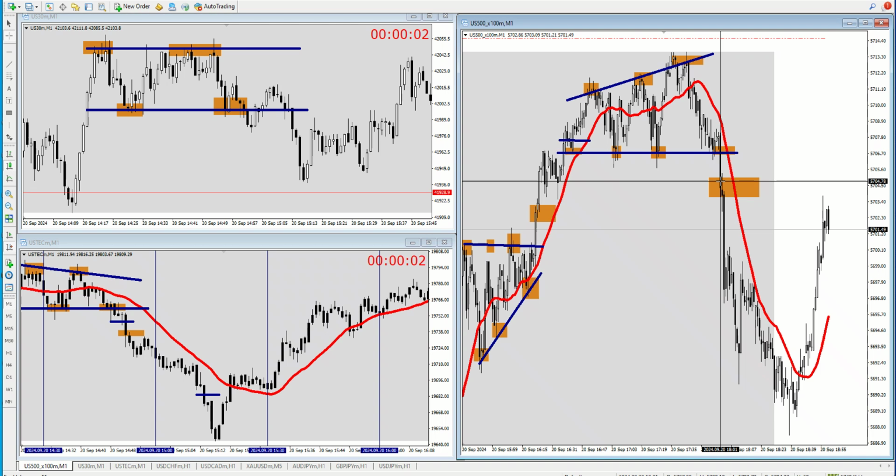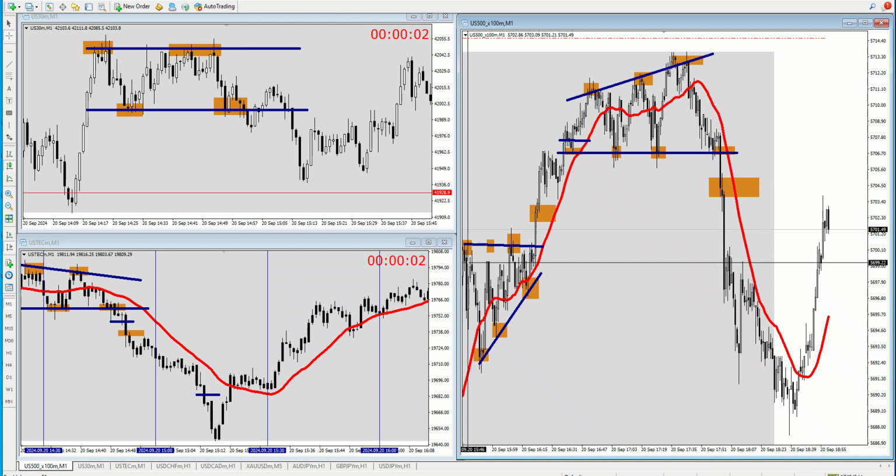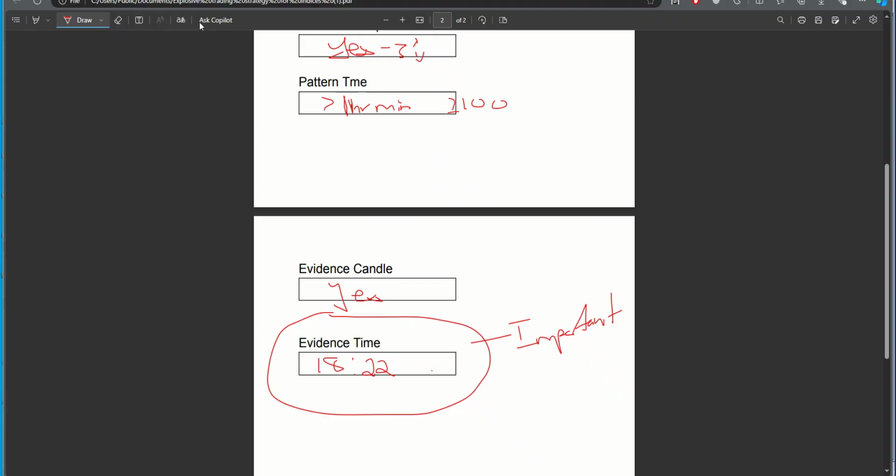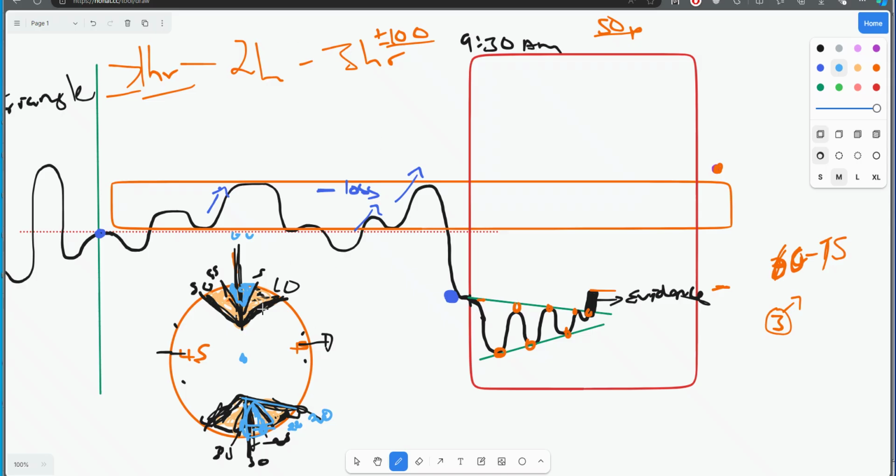Yes, it was late, around 8 o'clock South African time. I think US time it was around 2:14. Okay, you see, this was 1801. Where does it fall in terms of our watch? 1801 falls within the 5 minutes and the 5 minutes.